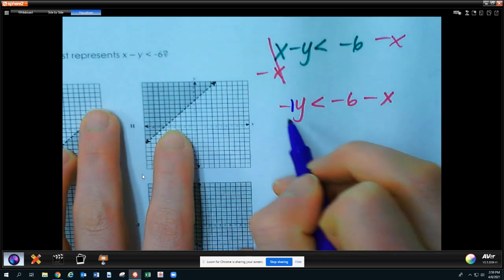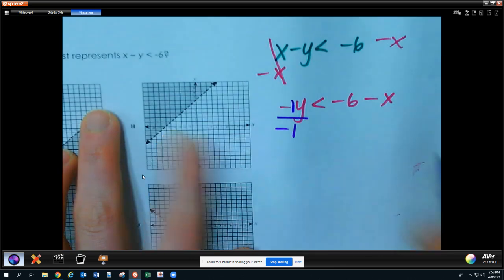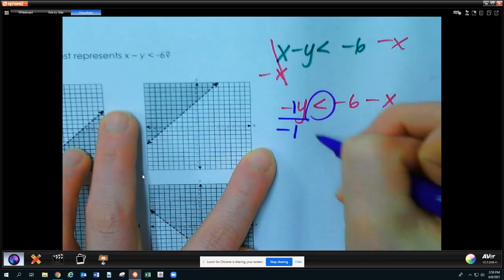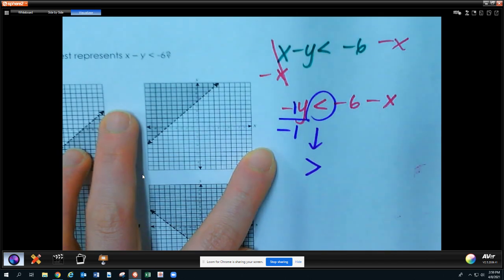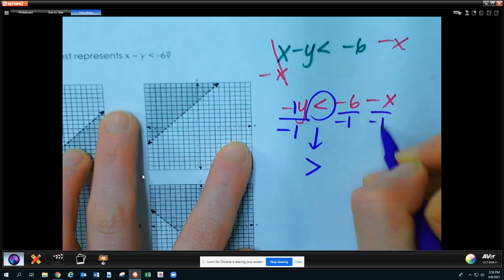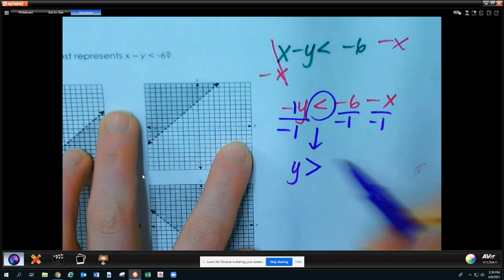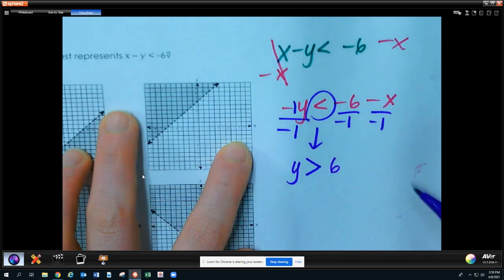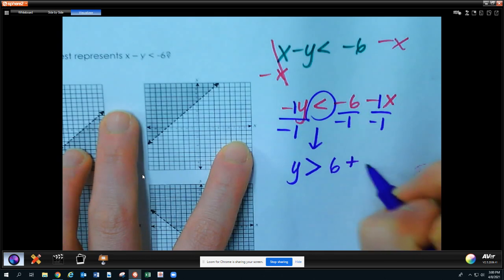And so we have to divide by a -1. As soon as you see that you're dividing by a negative, flip. So we're dividing everything by that -1. So I've got a positive y, -6 divided by -1 is +6. -1 divided by -1 is +1x.